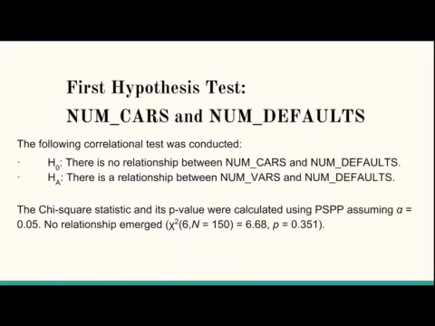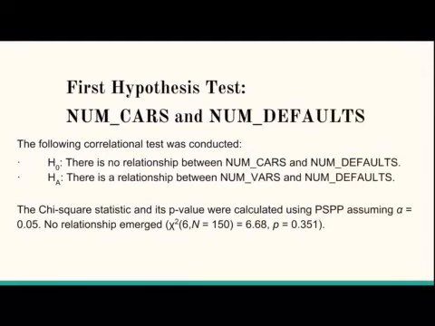Our first hypothesis test, number of cars and number of defaults, shows that when we conducted our correlational test, there is no relationship between NUM cars and NUM defaults is our null hypothesis. The alternative hypothesis states that there is a relationship between the number of cars and the number of defaults.